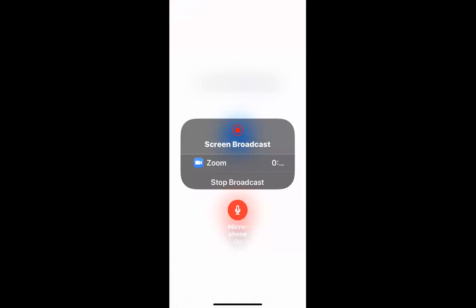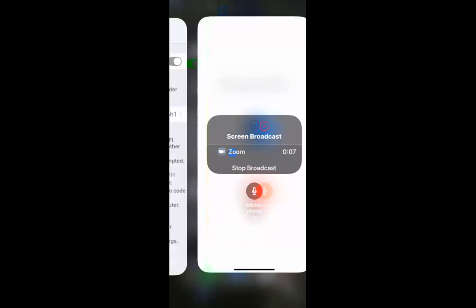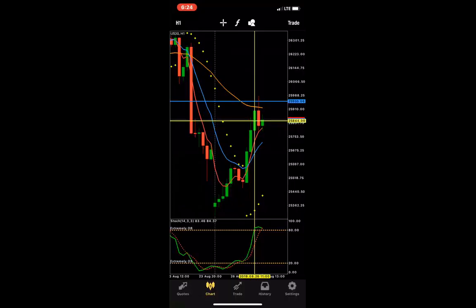So let me try to log back in. Okay, so I'm going to let it try and log back in on my computer, but there it is right there.